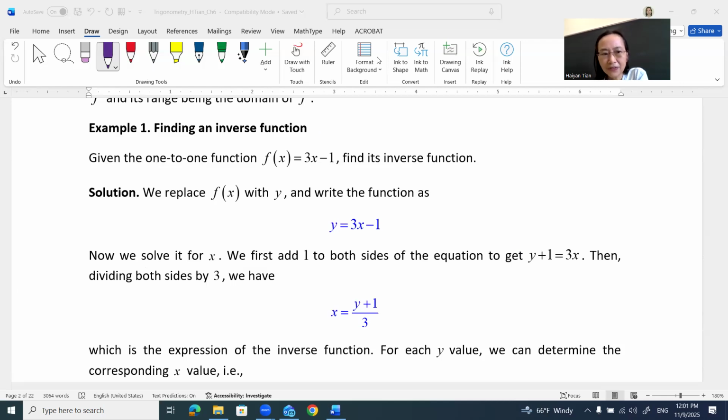But since this is a function, our habit is to use x as the input variable. So we can still use x, just a change of name, because we often use x as the independent variable. So in this function, whatever the input variable is, we call it x. So we change the name.